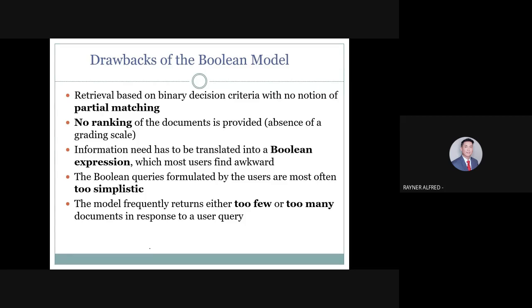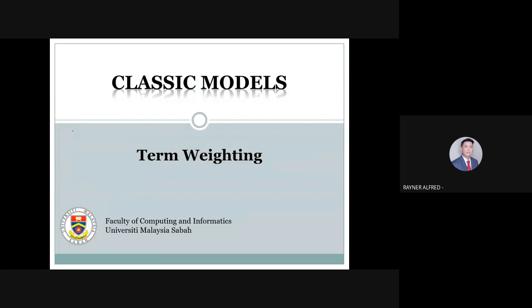And also this is too simple, and the main idea here is that we need a framework that can be used to rank the documents. So for the Boolean model, we cannot use this model to perform the ranking. So for that reason, we move on to the next one.